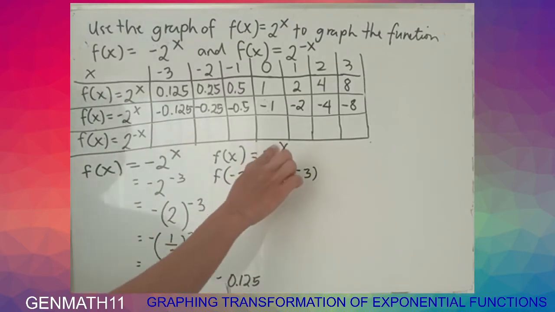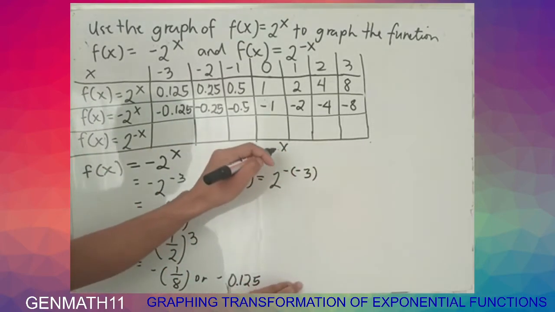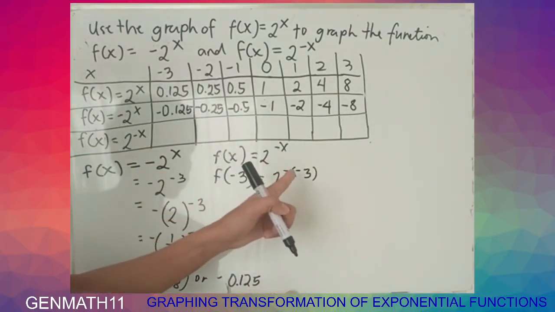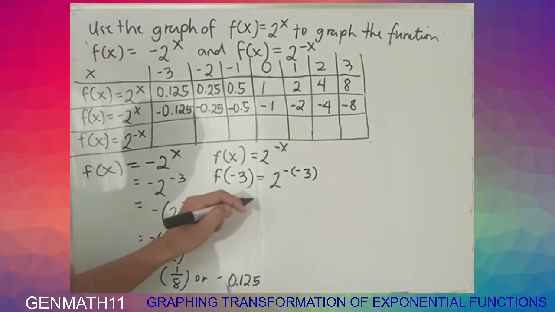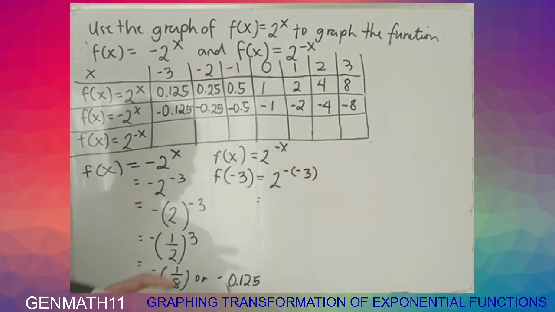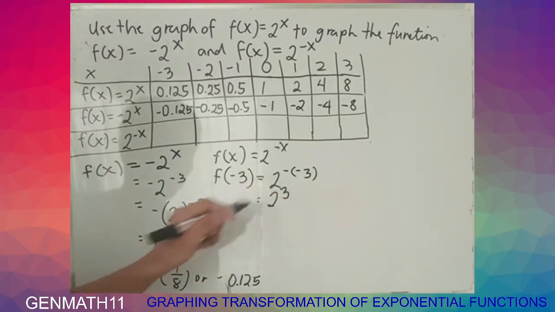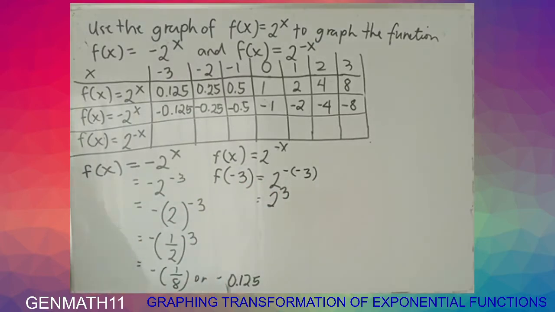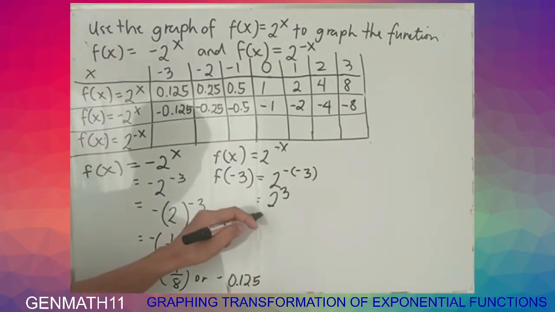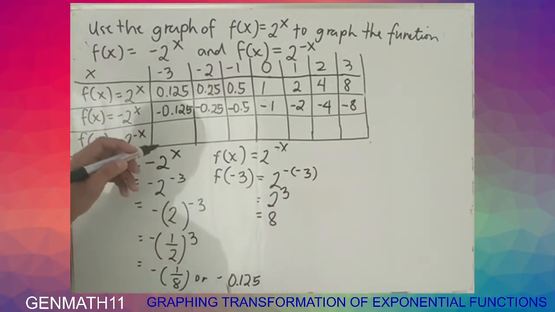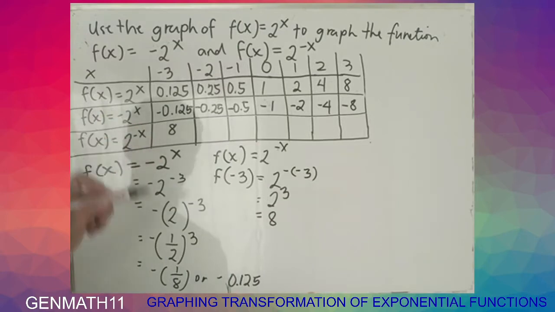Since we have a negative on the x, all the values get multiplied by negative. Negative times negative is positive, so 2 raised to the third power. 2 cubed is 8, so the first value is 8.